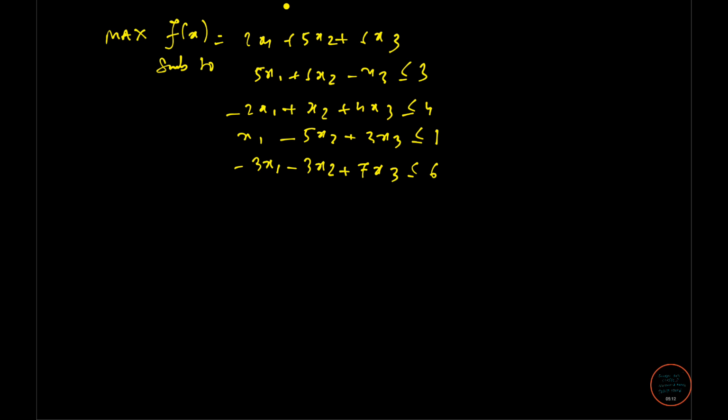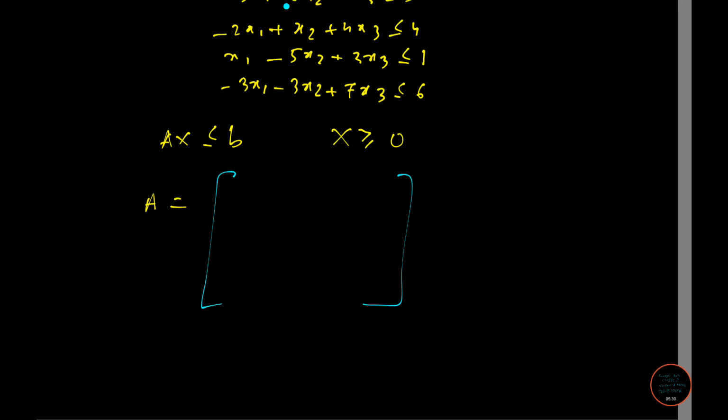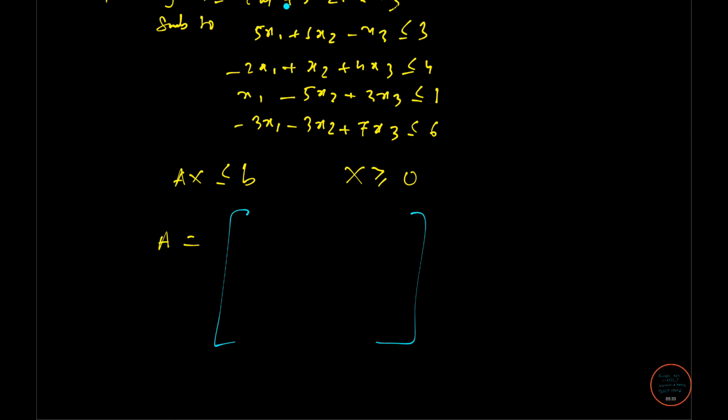So while solving this, the pattern is Ax less than or equal to b, where X is greater than or equal to 0. Here A is the matrix of coefficients given, which is 4 rows by 3 columns: 5, 6, minus 1; minus 2, 1, 4; 1, minus 5, 3; and minus 3, minus 3, 7.